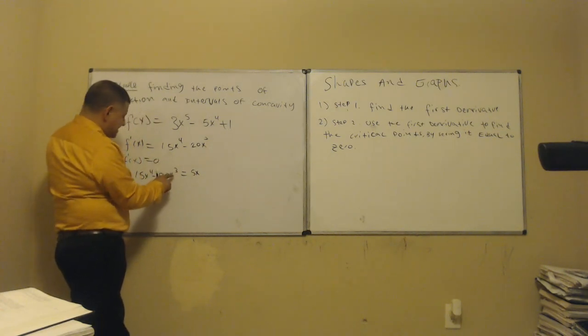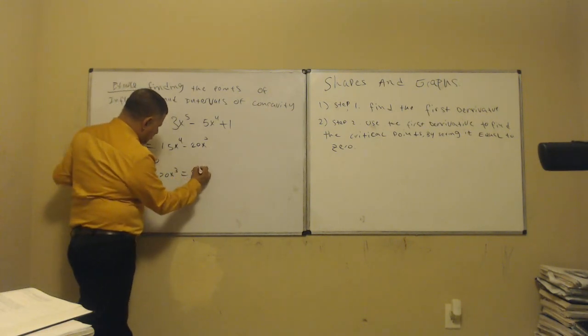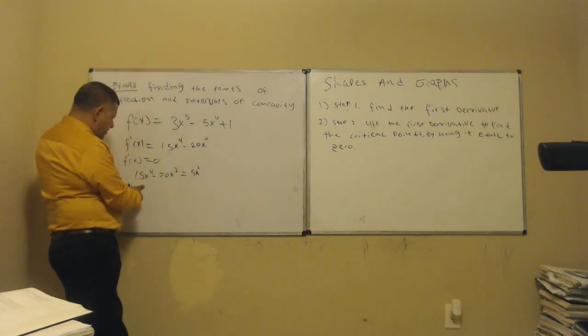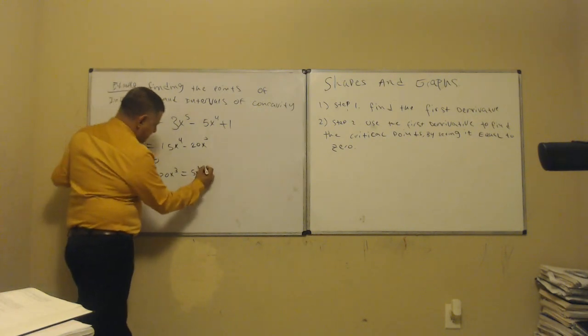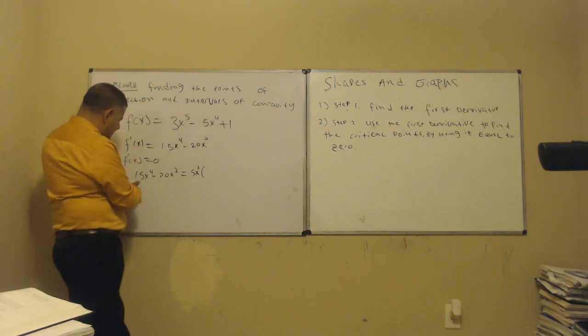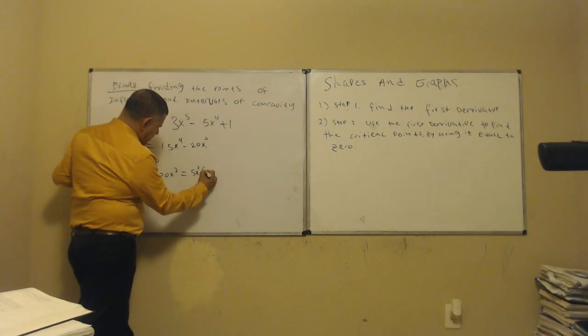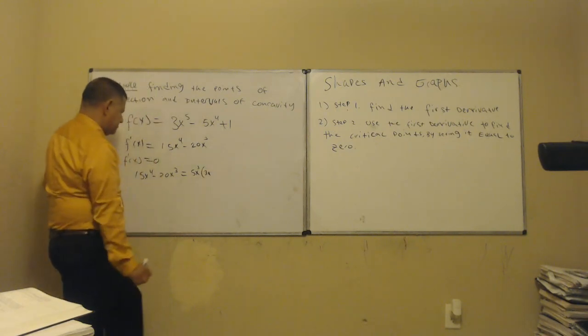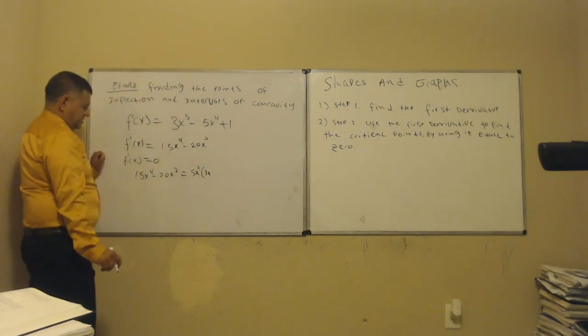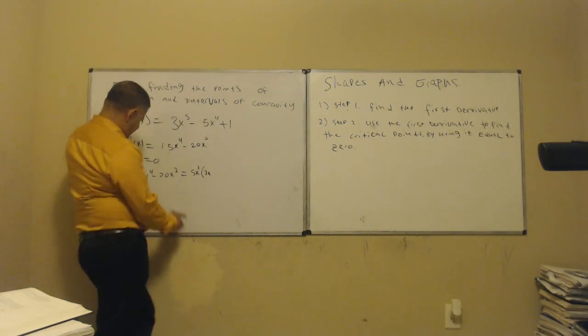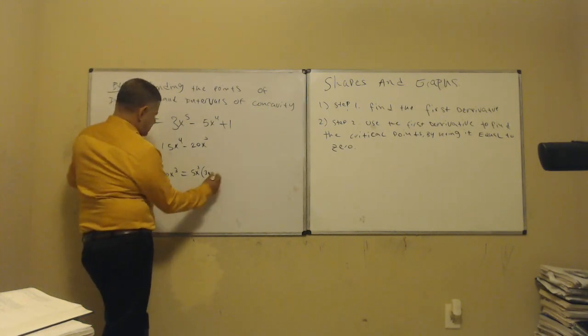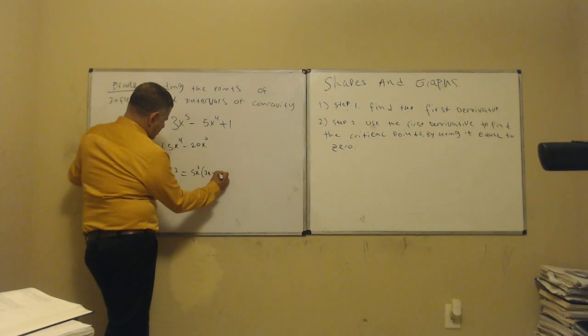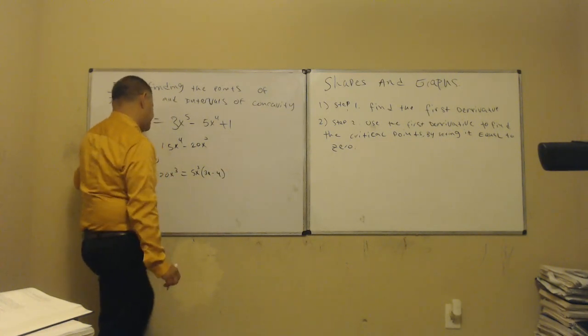The maximum I can take out is the lowest power, so x cubed. I pull out 5x cubed, and put a parenthesis. Inside, I have 3x and 4.